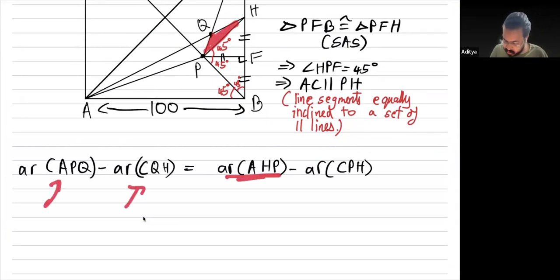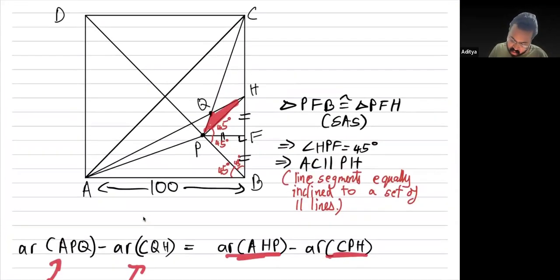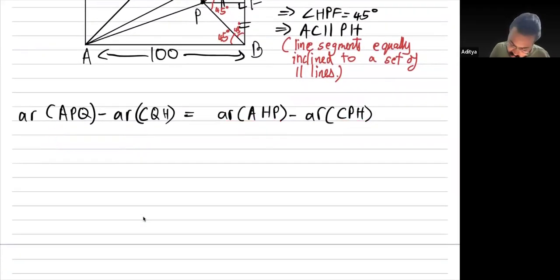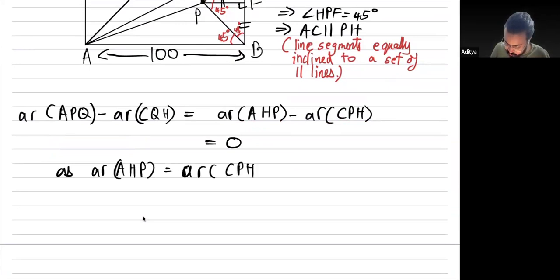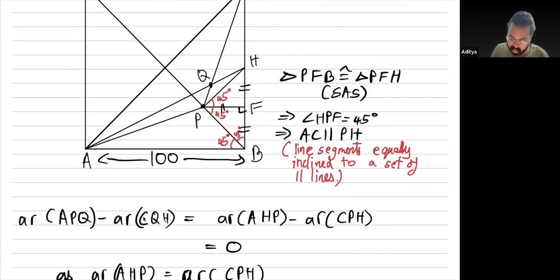So I get AHP and CPH, and these two are equal to each other, as area AHP equals area CPH. So it doesn't really matter where point P is. This will always be zero.